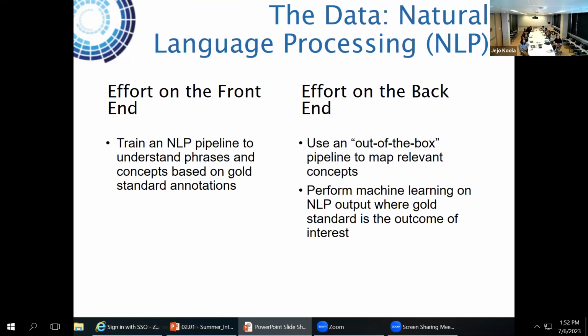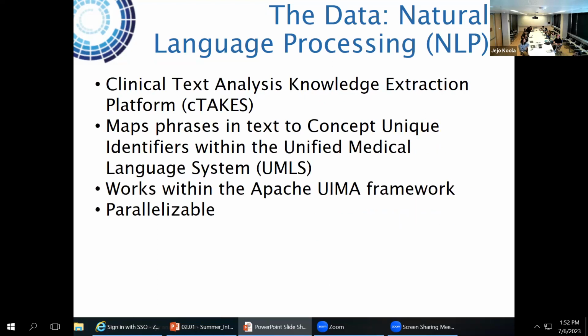So you can use an out-of-the-box system to process text. I'm not going to spend too much time on this. I just want to introduce some natural language processing systems, so that if you're ever interested in this kind of work, you can look it up yourself and see what it takes to use one.